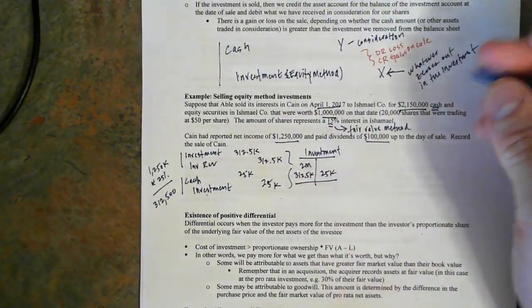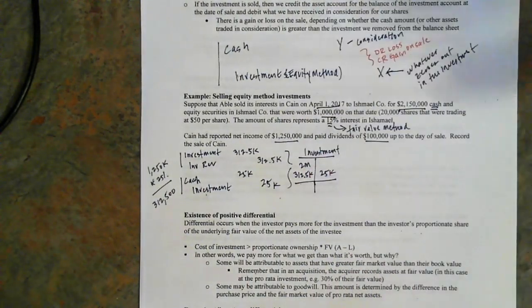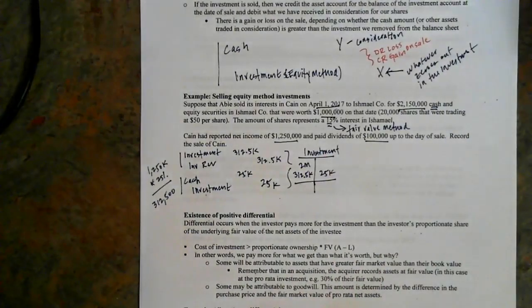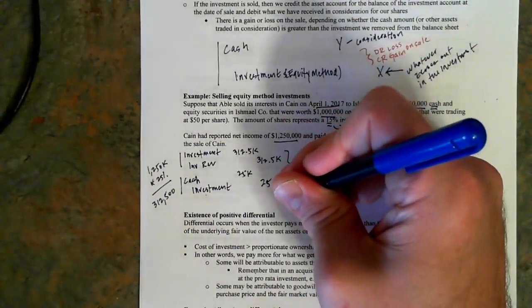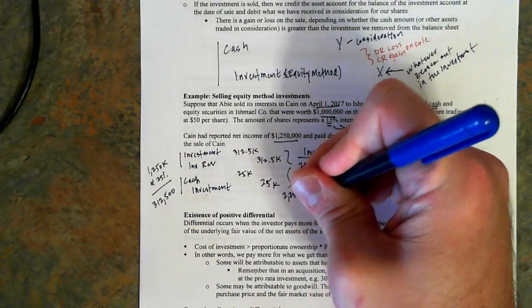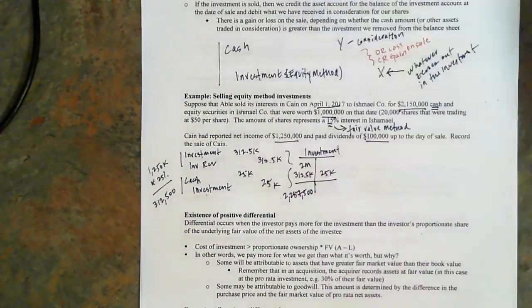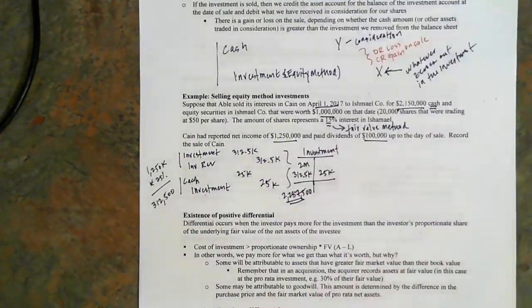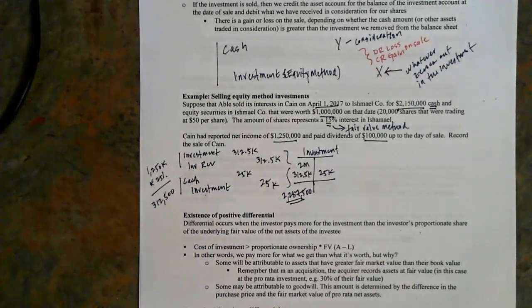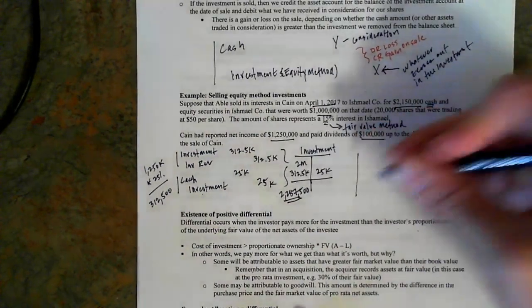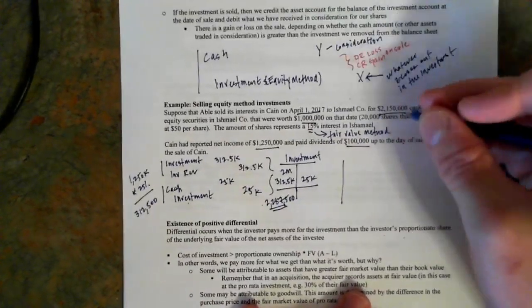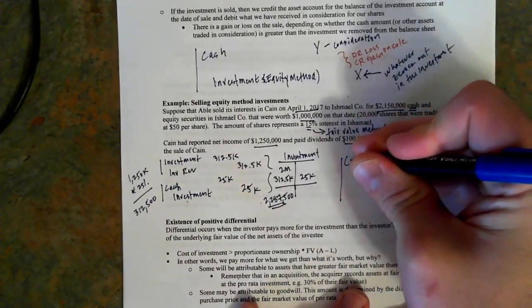And so the balance of the investment at the day of sale would be 2,287,500. So that is the book value of the equity method investment at the day of sale. Now we can continue and then record the journal entry for the sale. We received cash of $2.15 million.